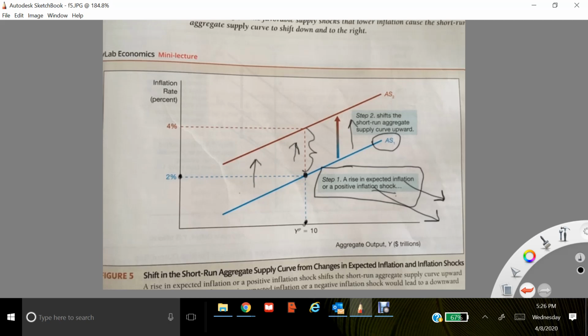We would also expect the supply curve to increase, okay? So again, we'd have a shift up or to the left of the short run aggregate supply curve. Okay? Very good.